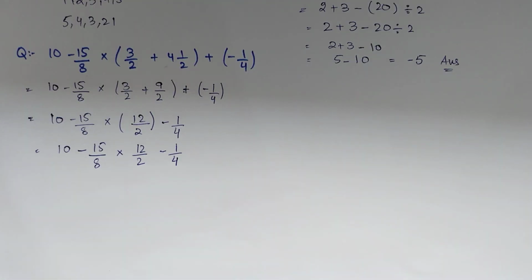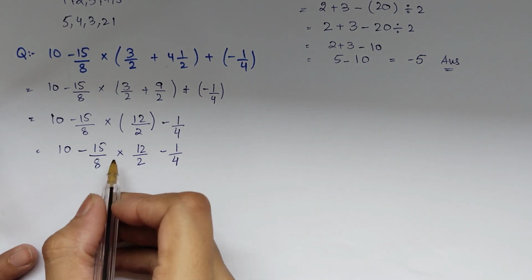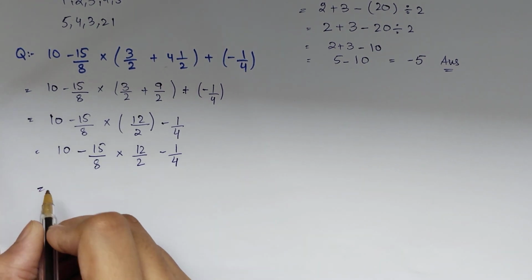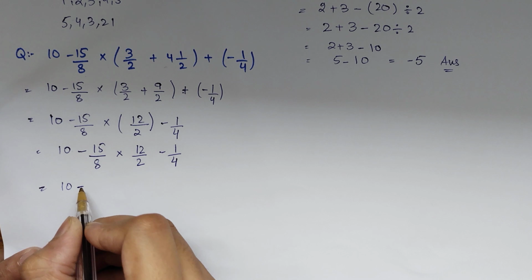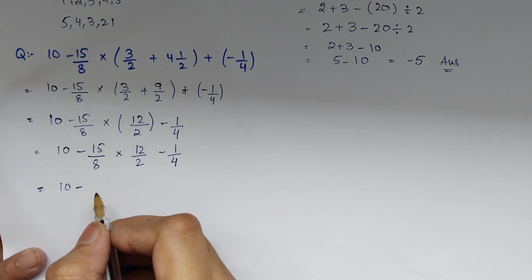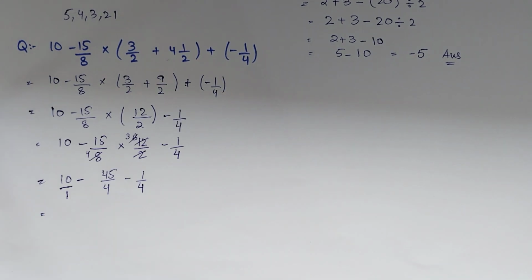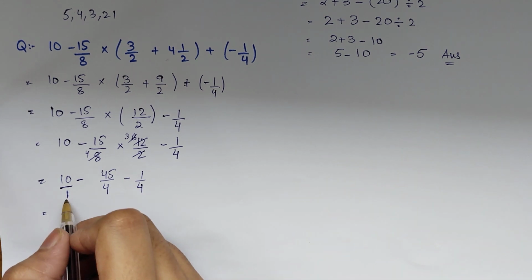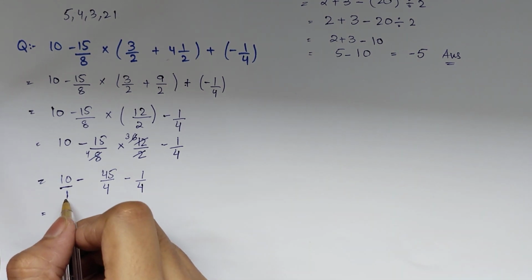Now your question becomes like this, and we have to follow BODMAS, so we perform multiplication first. 10 minus, multiplying both these numbers we get 45 over 4. In the denominator there is 1 for the 10, so I write it here.